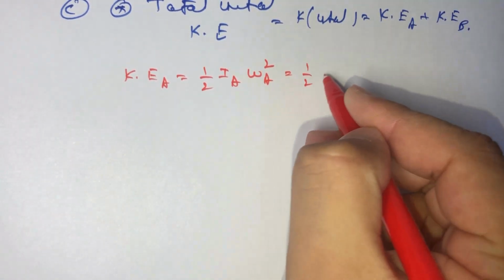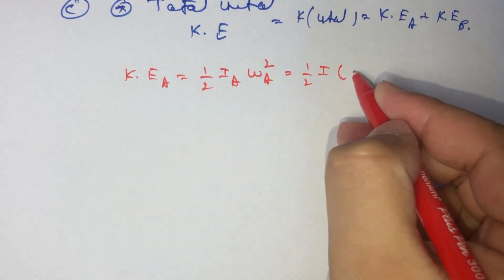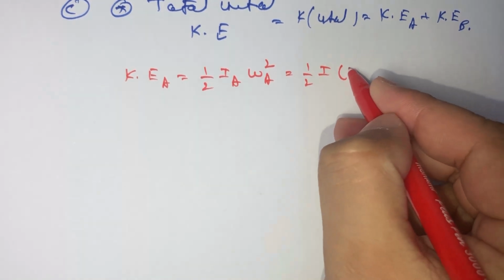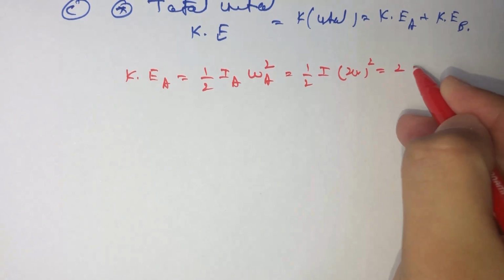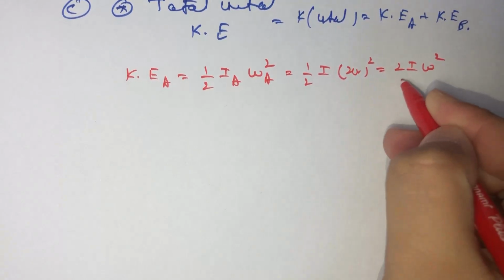So this is half I, and angular velocity is given as 2 omega, whole square. So this comes as 2I omega square.